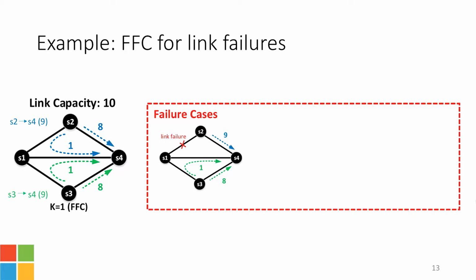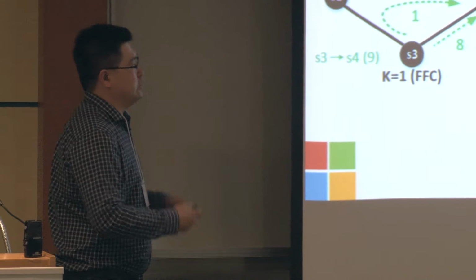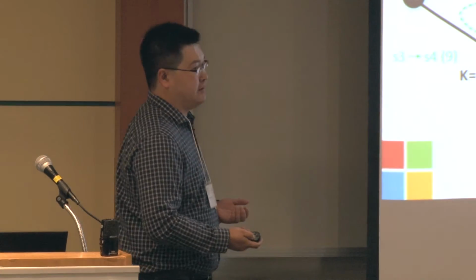For example, when this link goes down, and after the rescaling, the traffic is like this. And when this link goes down, no congestion. Because the traffic and the topology are symmetric, you can verify the last 2. So there's no congestion under a single link failure.